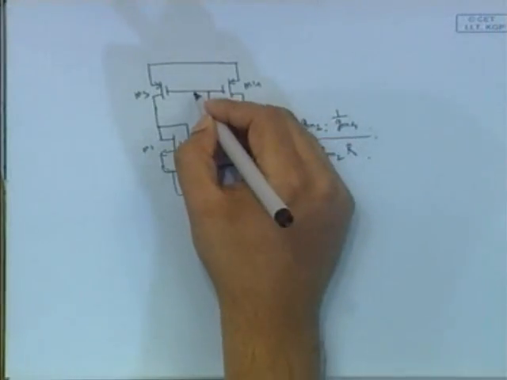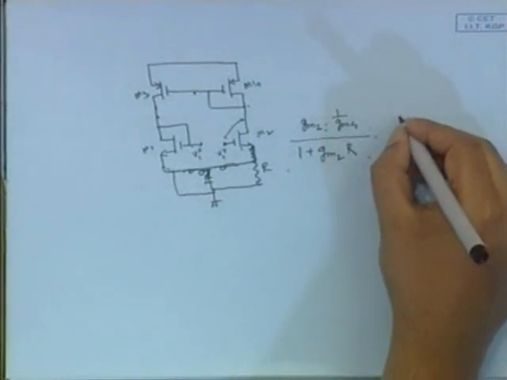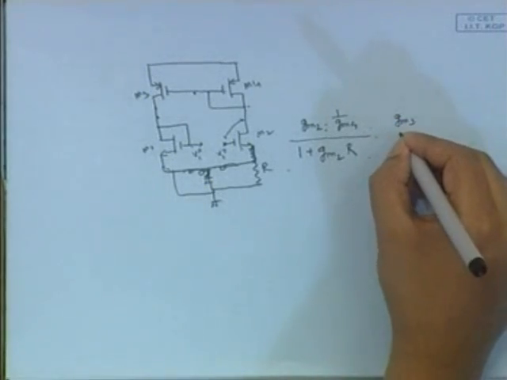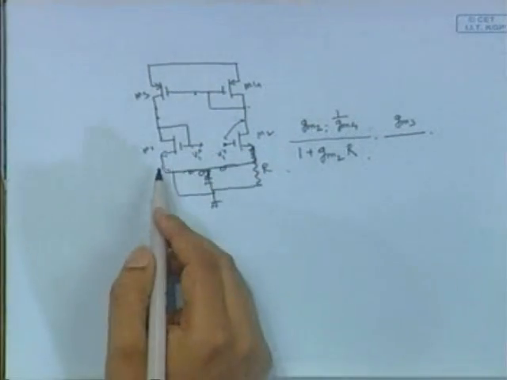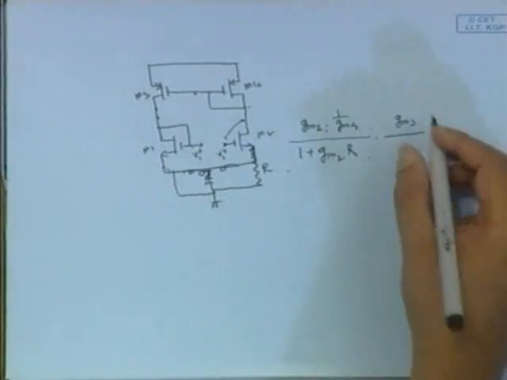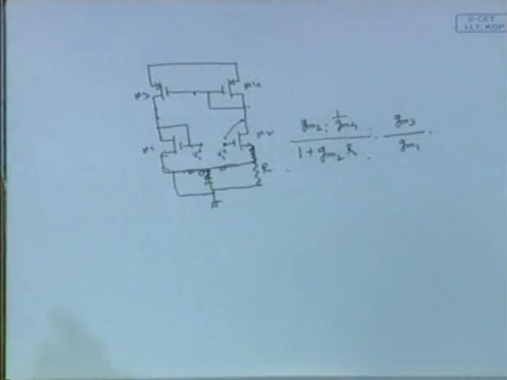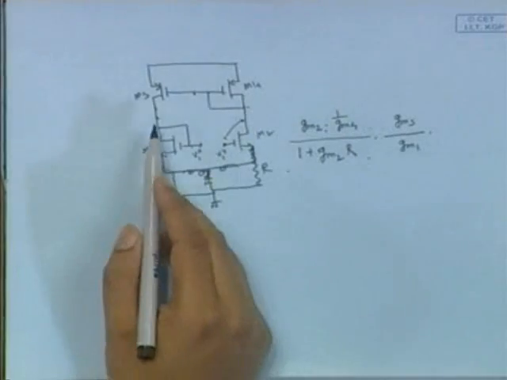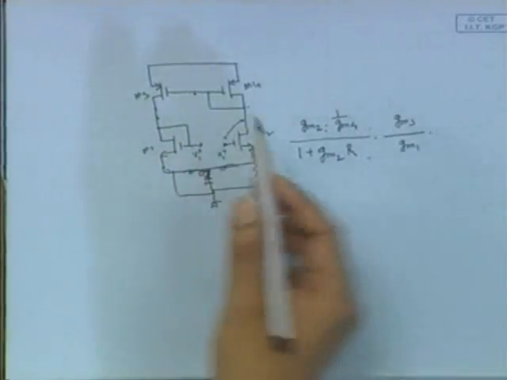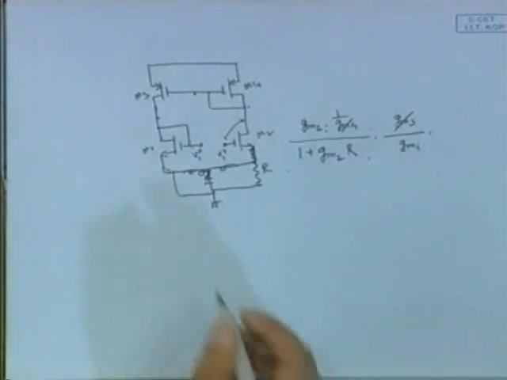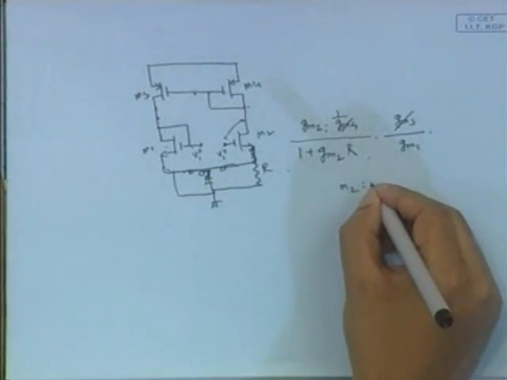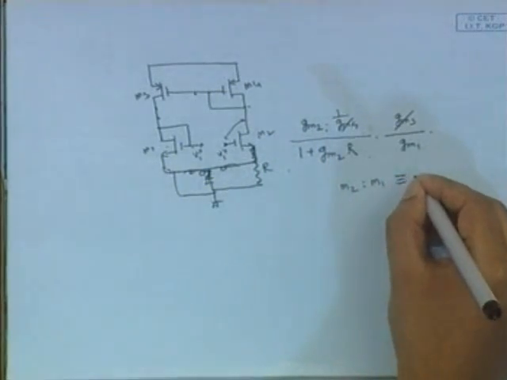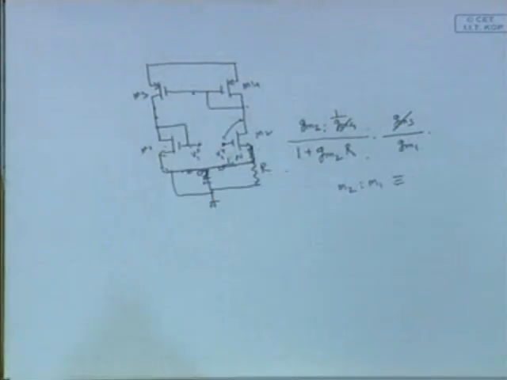Again, the gain from this node to this node, what is it? GM3 multiplied by the load 1 by GM1, that is GM3 divided by GM1, right. Now GM3 and GM4, these two are equal. M2 and M1 are in the ratio 1:n, right.